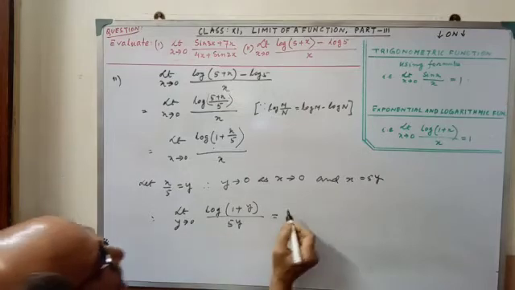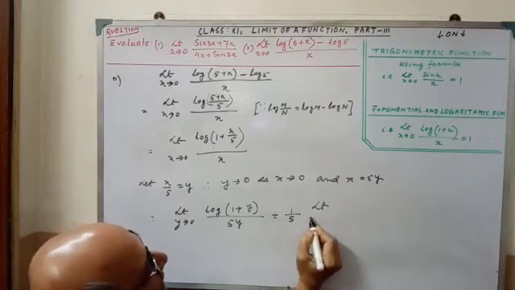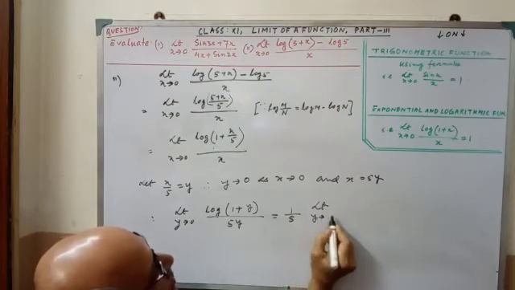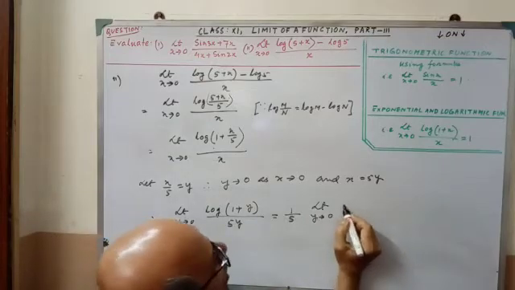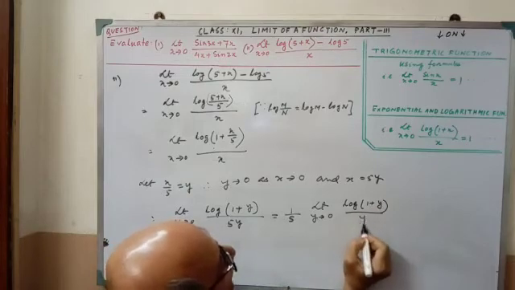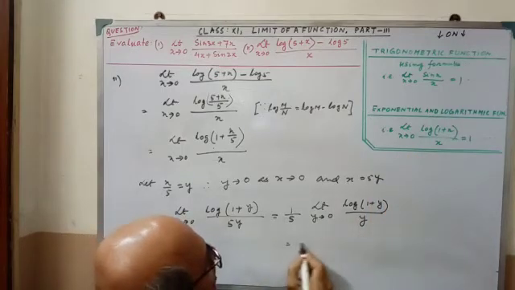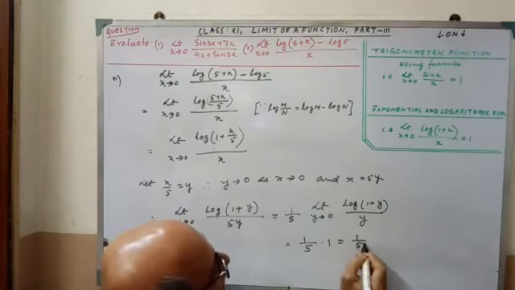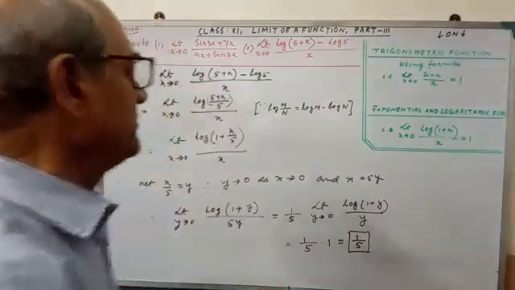This is a constant, 1 by 5, so easily it will come outside of the limit, that is 1 by 5 limit y tends to 0 (this is not x, y tends to 0) log(1 plus y) by y. Now we are getting the frame. So we may apply this: 1 by 5 into 1, so 1 by 5. This is the answer. So the sum is completed.